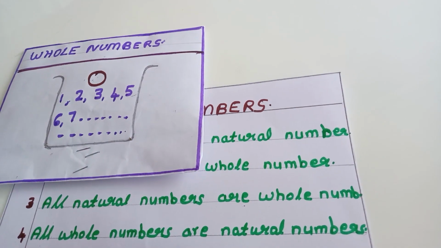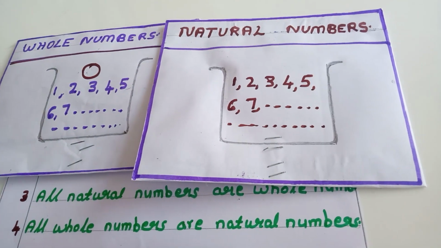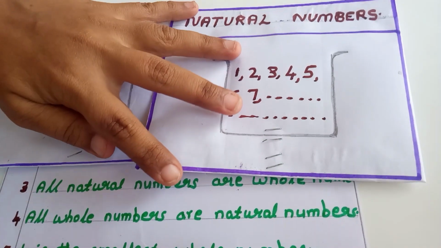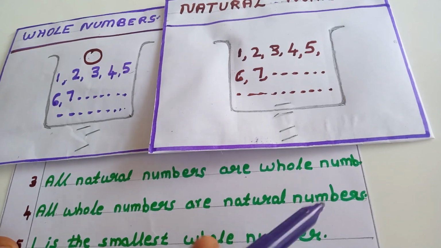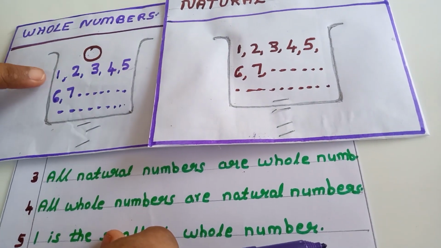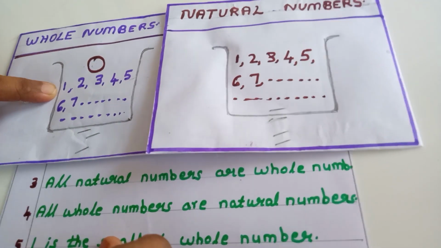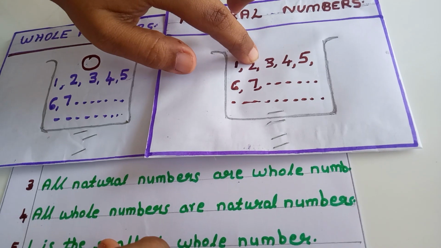Next one is: all natural numbers are whole numbers. See, here you can see natural numbers and whole numbers. They are saying that all natural numbers are whole numbers. Take one natural number from here, 1. In the whole number basket also you can see this one. Take the next natural number, 2.